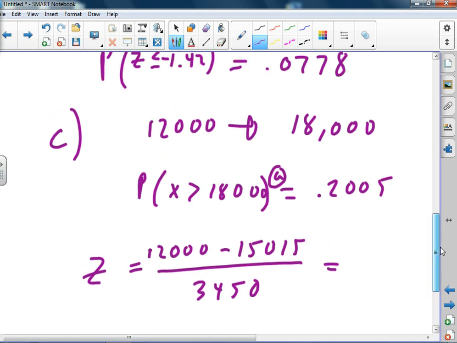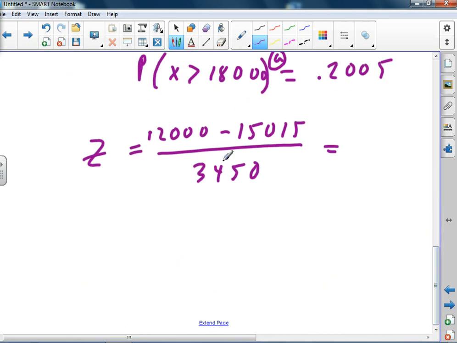It's 3,540. Another learning disability problem there. That gives minus 0.851.